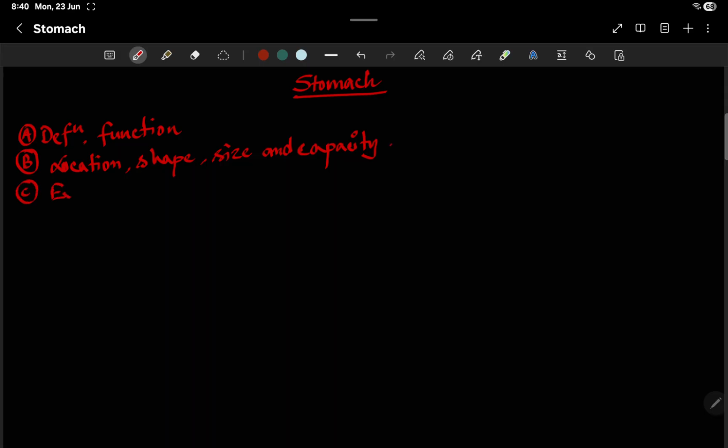Next, external features, orifices, curvature, and surfaces.